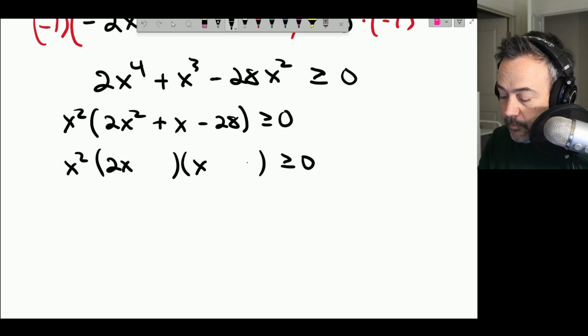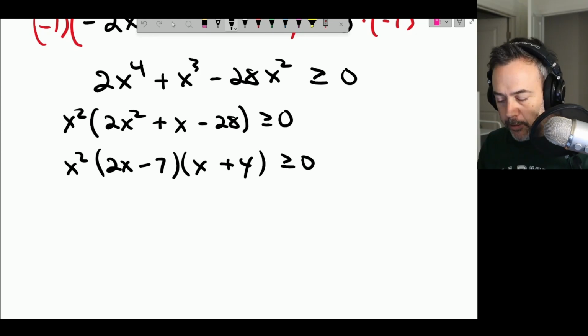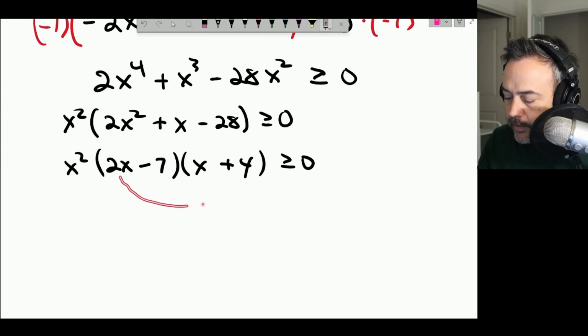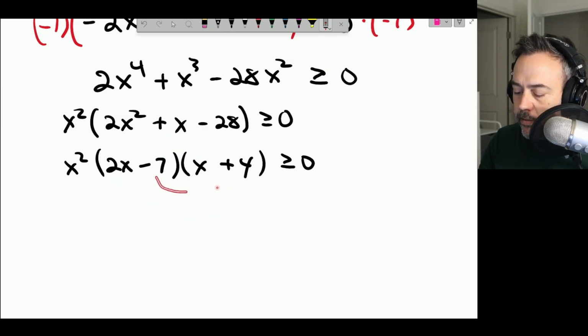The two numbers here have to multiply to 28. So 4 and 7 is looking good. 2x plus 4 times x minus 7 will work, because 2x times 4 is 8x. This is negative 7x. 8x minus 7x is 1x. Negative 7 times 4 is negative 28. So I just factored that one at sight.